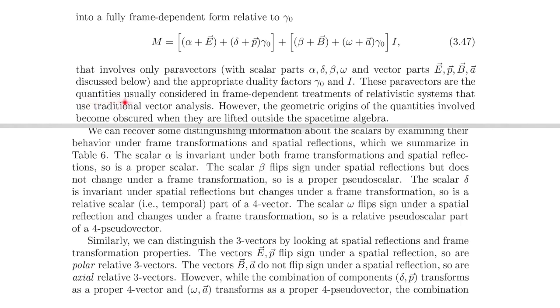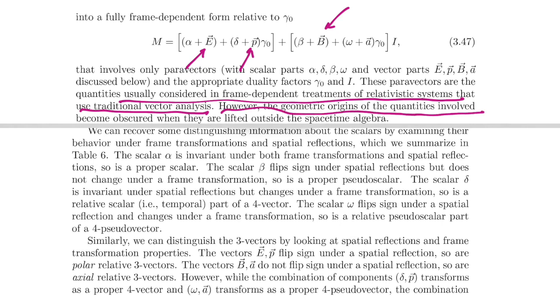These paravectors are quantities usually considered in frame-dependent treatments of relativistic systems that use traditional vector analysis. So you can see that they're kind of leading us on. You've got electric fields, magnetic fields, momentum vectors. And so when you use normal basic special relativity, you use all those things to do your calculations.